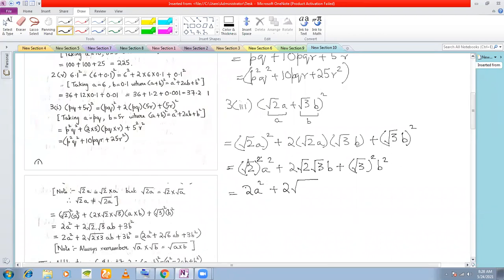Now see that root 2 is under a radical and root 3 is also under a radical. You can combine them. Remember this rule, a very important rule. Whenever two positive numbers are inside a radical, you can combine them. So 2 square root 2 into 3 ab, plus root 3 square, again the radical and the square cancel each other, so it simply gives you a 3.